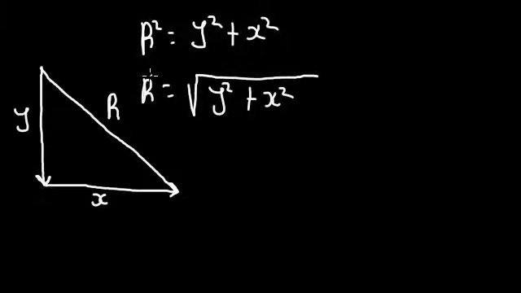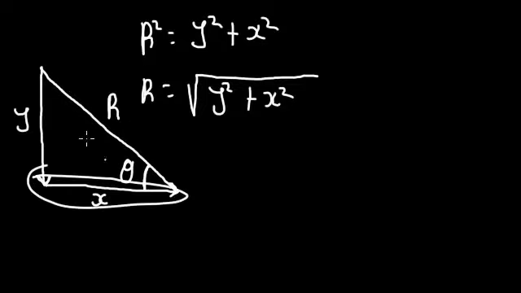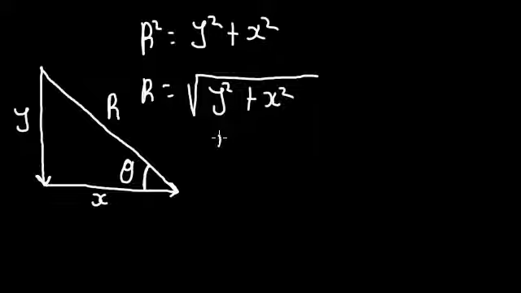Now sometimes you won't just be required to find the magnitude of the resultant vector, but also its direction. The direction for two vectors that are perpendicular to themselves would be the value of angle theta, as that is the angle which the resultant vector makes with the horizontal vector or the horizontal ground. To find theta, notice that some trigonometric functions, most especially the tan function, can help us.